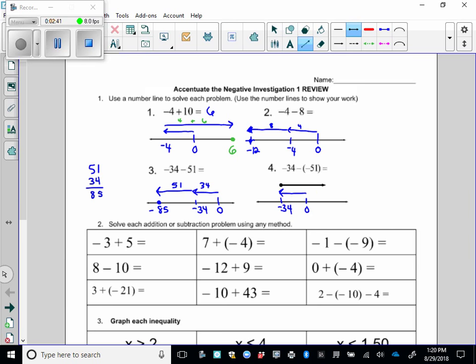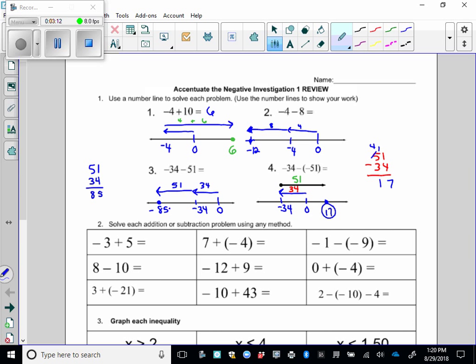So this is 51 units, and this is 34 units, and since they're going in opposite directions, I have to do a subtraction problem. And when I do that, I get 17, and I'm to the right of 0, so my answer is 17.